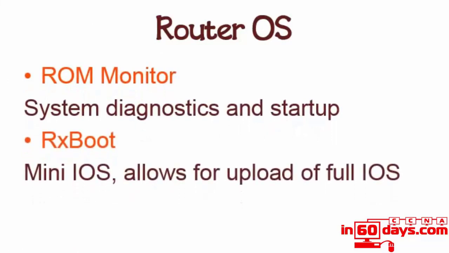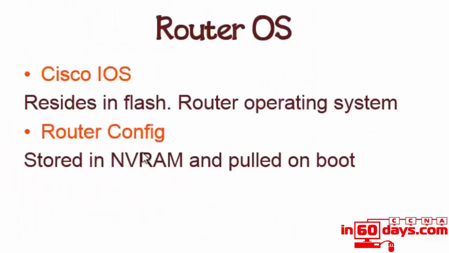I've mentioned the RxBoot and the ROM monitor. Your Cisco IOS resides in flash, and that is the operating system that runs your routers and all the features, for example voice, data, security. Configurations are pulled from your startup configuration into DRAM when the router boots. So any changes you make to your router configuration will obviously then need to be stored as your startup config.